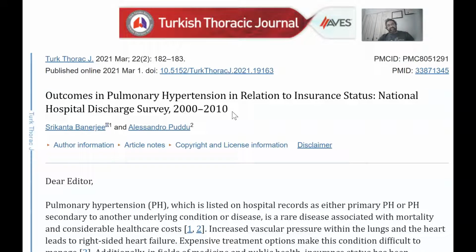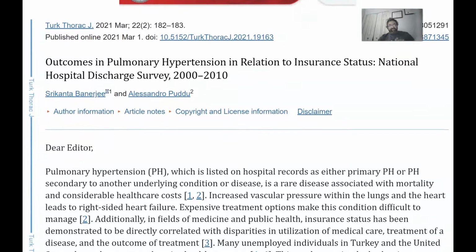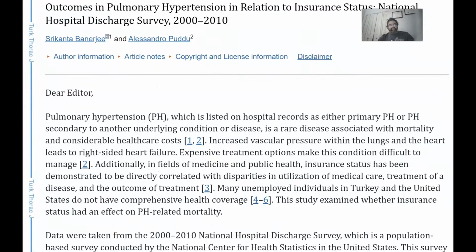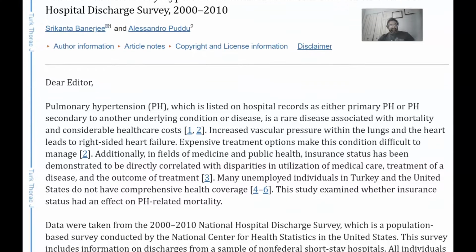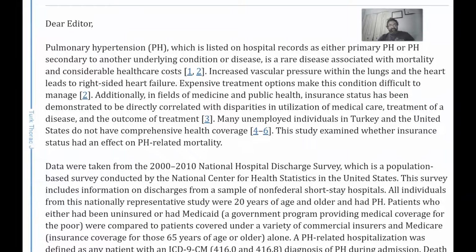One of the reasons that I ended up using the NHDS is because there are not too many cases of pulmonary hypertension, so I had to go through the ICD-9 at the time, or ICD-10 actually, to determine which individuals had pulmonary hypertension. And it might not have been the primary cause. It's a rare disease, so we have to use something like the National Hospital Discharge Survey.